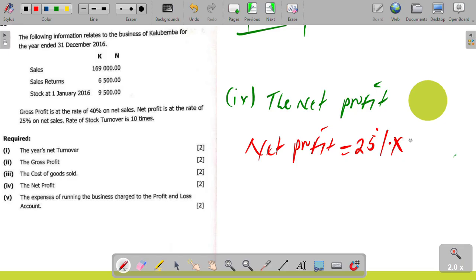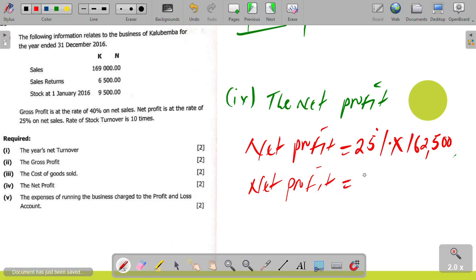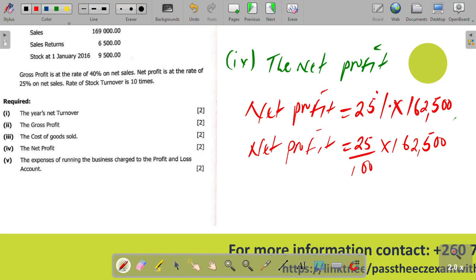Of net sales, the one that we got there, 162,500. Net profit is equal to, I hope you're writing this down, 25 over 100 times 162,500.